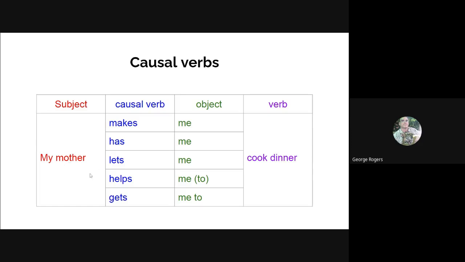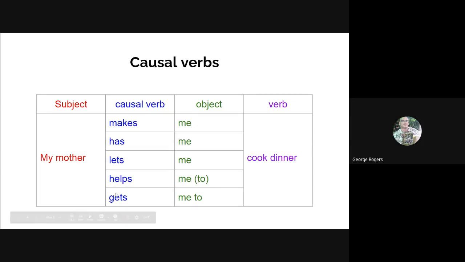The next one: my mother helps me to cook dinner. This one is a little different, they're assisting, doing some of the work. That's what helps me.